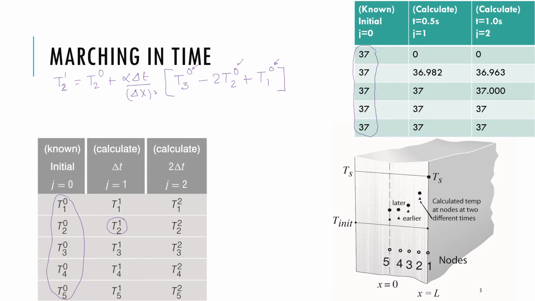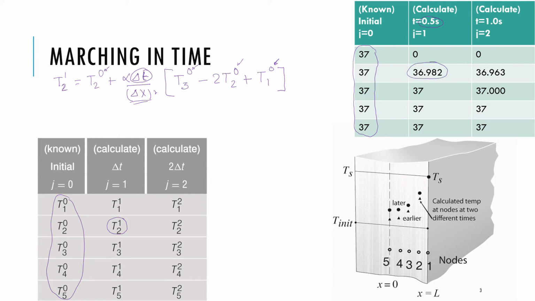So all the zeros are known, and so I can just plug them in. I happen to choose Δt equal to half a second, and then some value of Δx that we also chose. And with that choice, I can calculate the new value here.